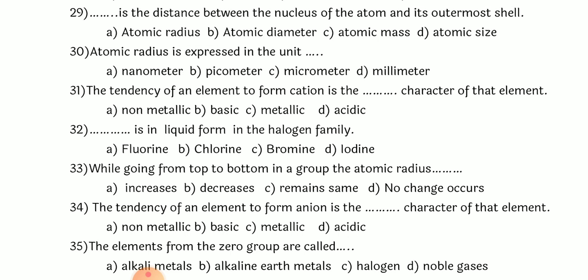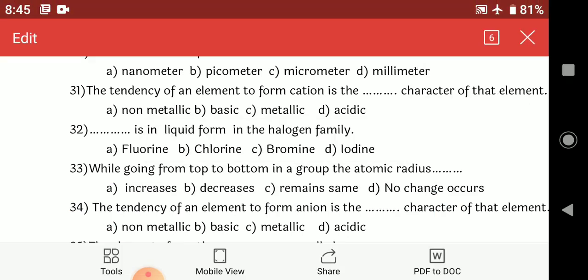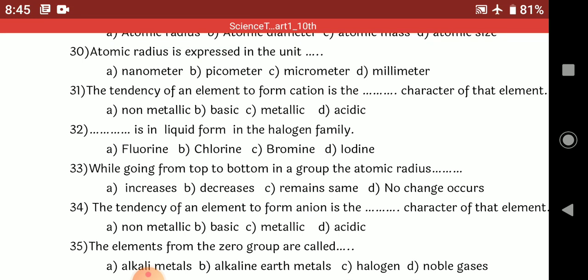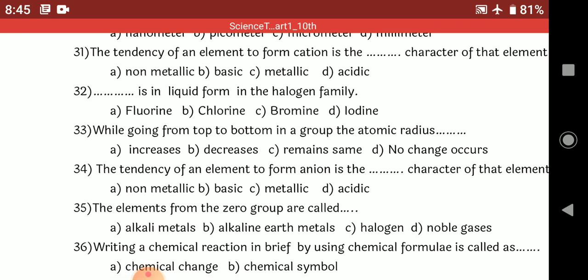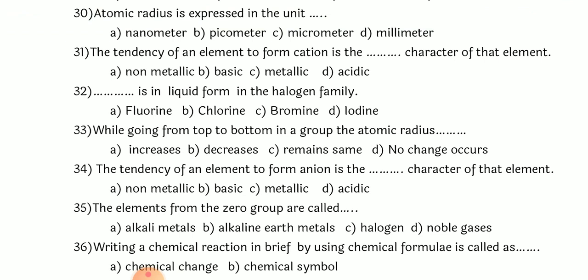32. Dash is in liquid form in the halogen family. Fluorine is gaseous, chlorine is gas, iodine is solid, bromine is liquid. So bromine is in liquid form in the halogen family.